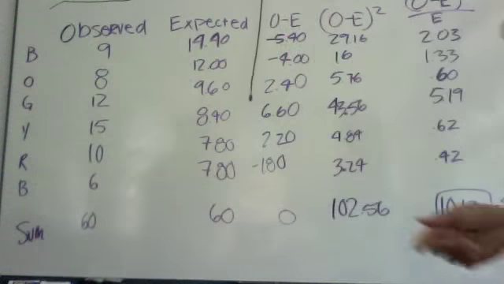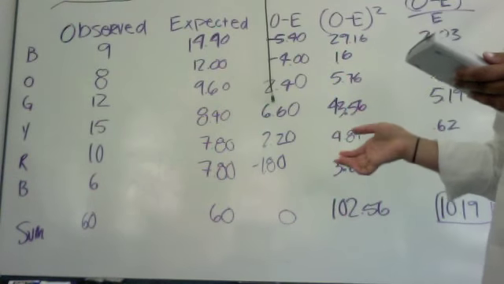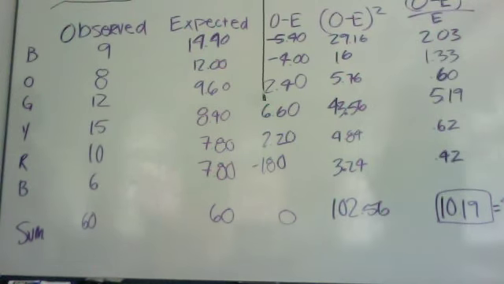So, let's use this example of M&Ms. So, we have the observed M&Ms in our bag, and then we have the expected number of M&Ms.